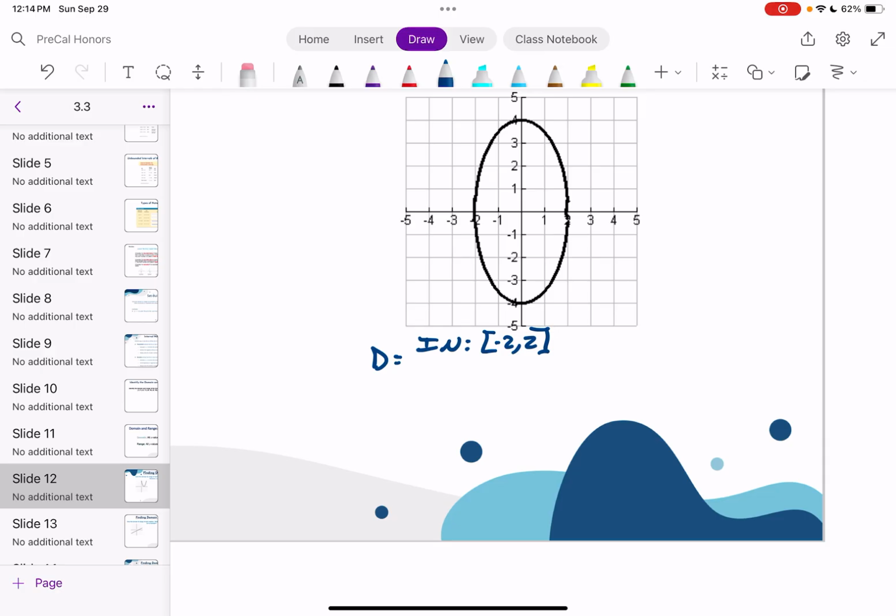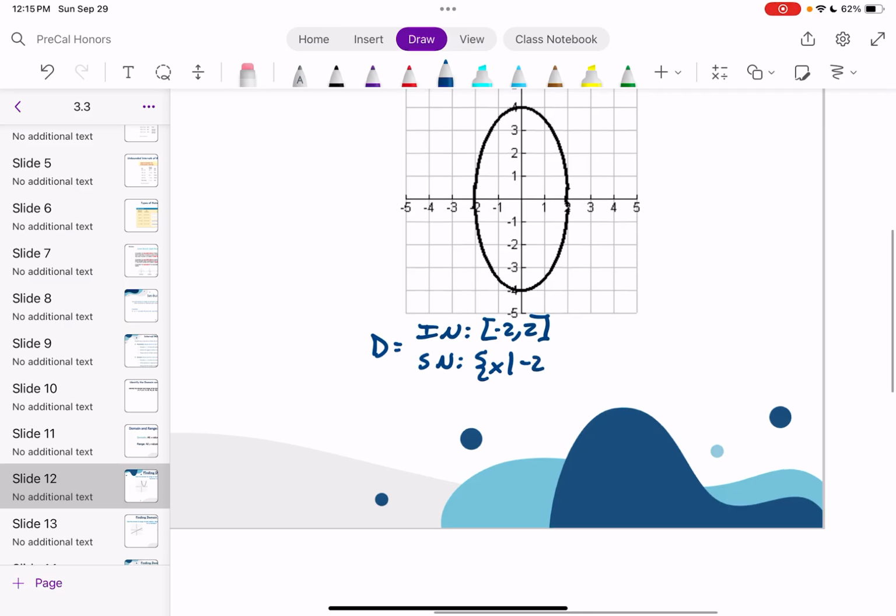We would have brackets on both sides because the line is going through the -2 and it is going through the +2. In set notation, this would be written as x such that -2 is less than or equal to x, which is less than or equal to +2. We close it off with our set notation, and we are all set.